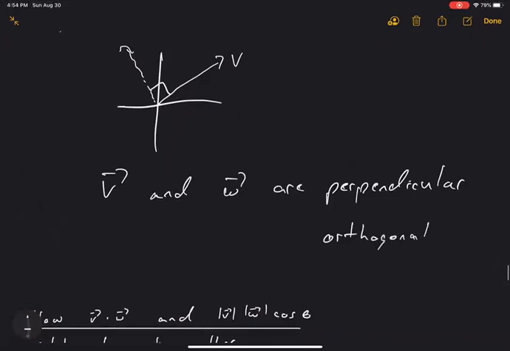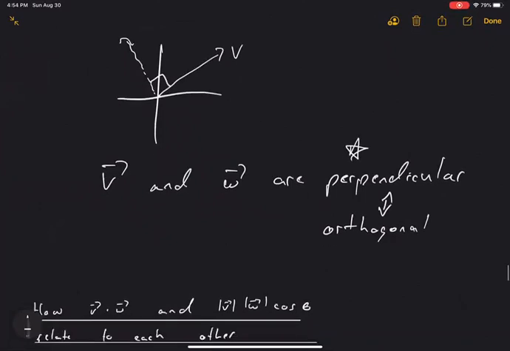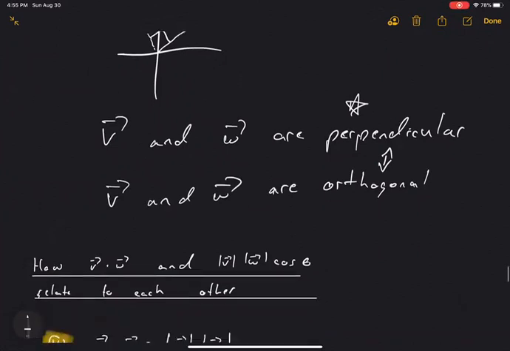In this case, it means the exact same thing. These terms are interchangeable. We can think of perpendicular as a special case of the term orthogonal. For now, I'm not going to get into the subtle differences between these terms. Think of them as synonyms. So the book will start saying v and w are orthogonal, and just think of that as being perpendicular.